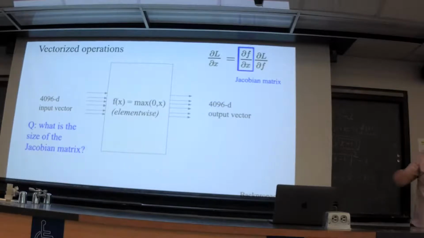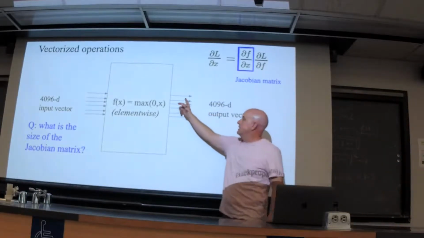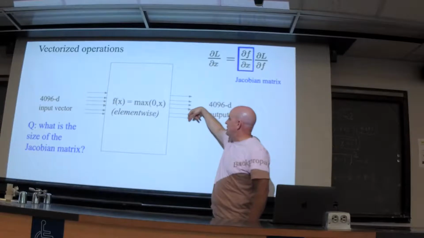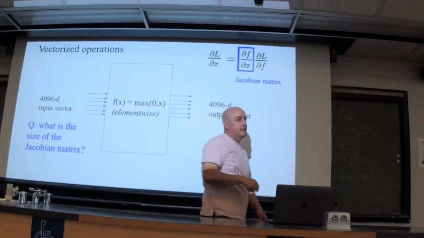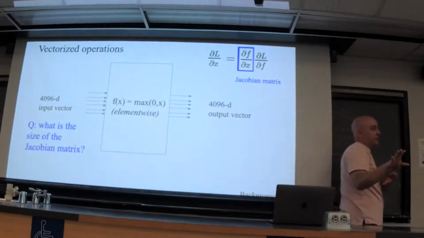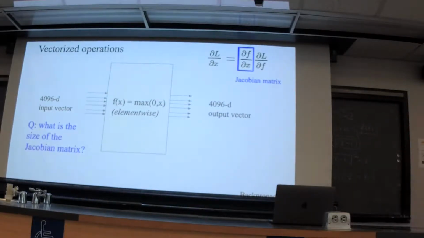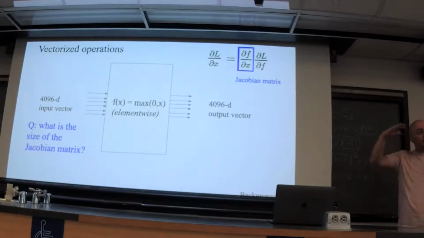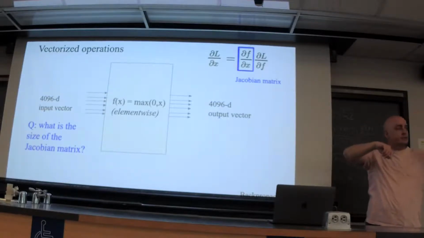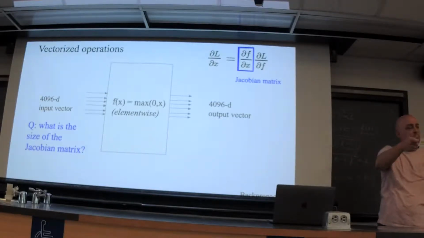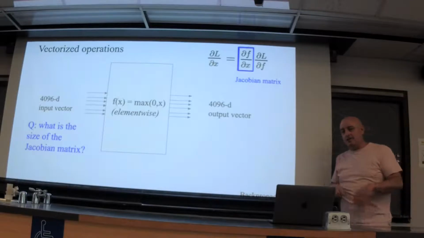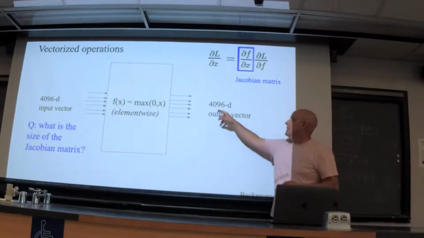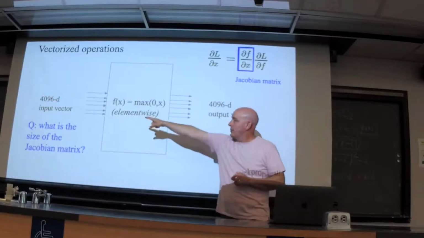It's keeping track of the derivative of each of these outputs with respect to each of these inputs. There are 4096 outputs and 4096 inputs. What's that matrix keeping track of? Each partial derivative of an output with respect to an input. Yeah, it ends up being a square matrix, 4096 by 4096.